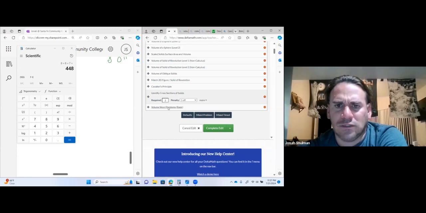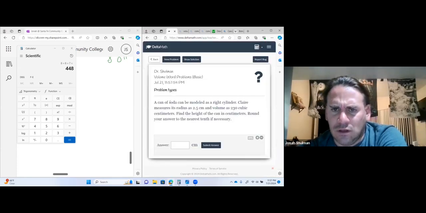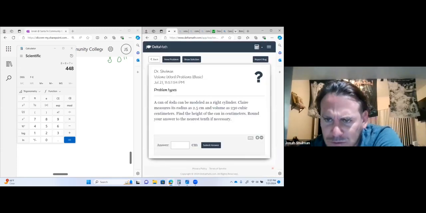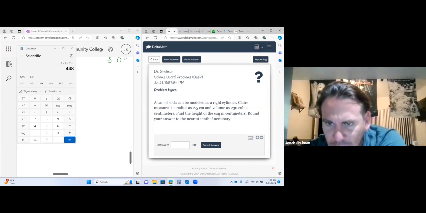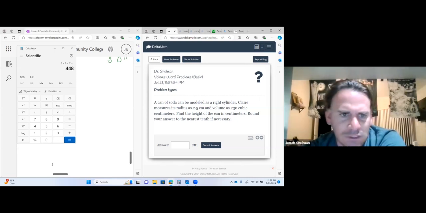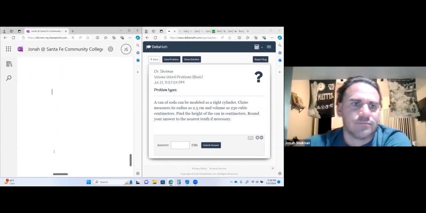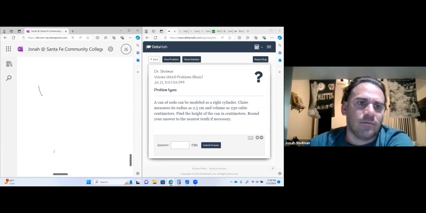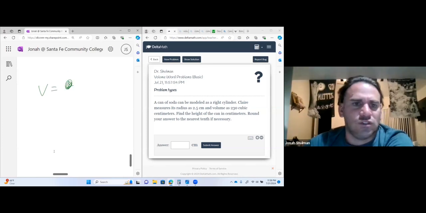All right, and here's the last one. A can of soda can be modeled as a right cylinder. It measures a radius of 2.5 and a volume of 230. Find the height. Are they all centimeters? Yes, they are. Soda can. Just a cylinder.